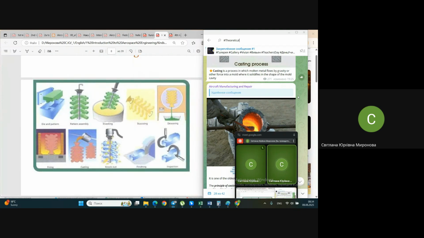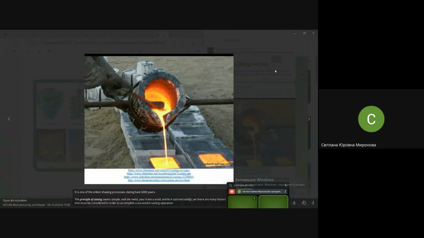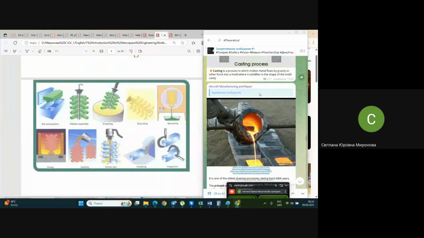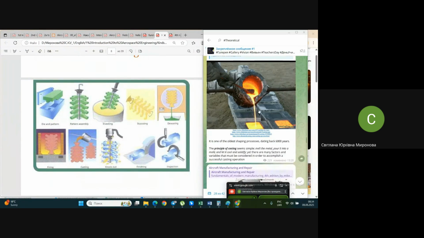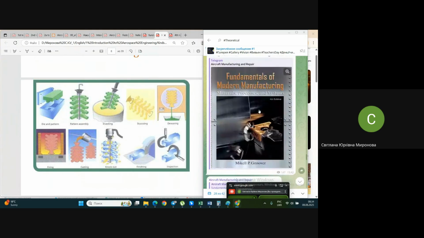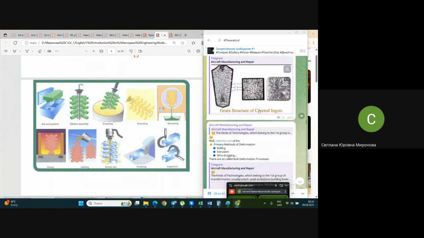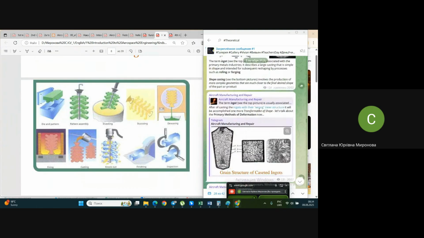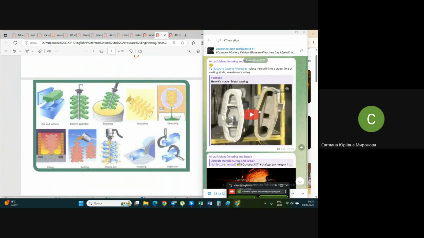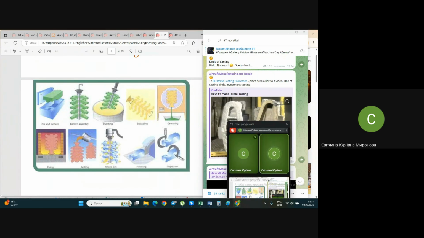Investment casting, and here is also supposed to be... No, that is the sand casting. That is not what we need. Not given here, because I do not remember clearly even my own notes.